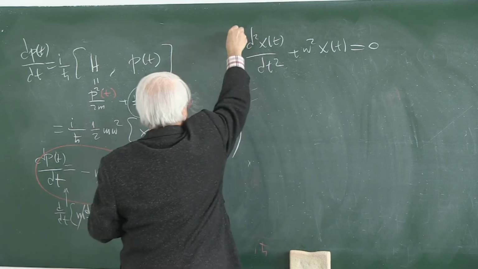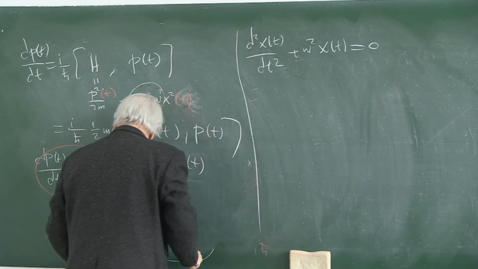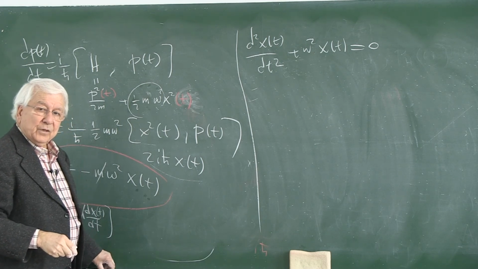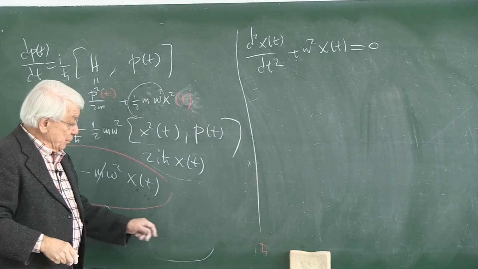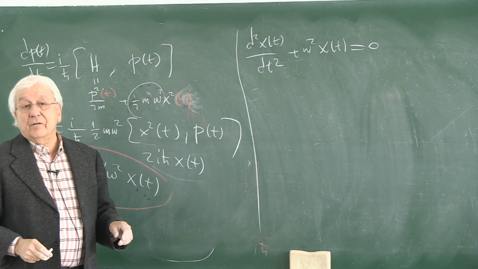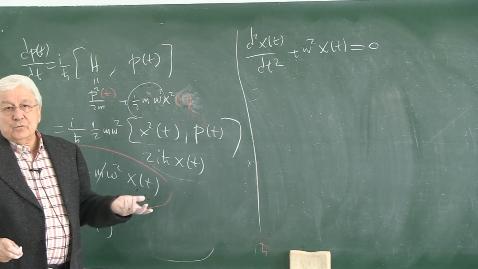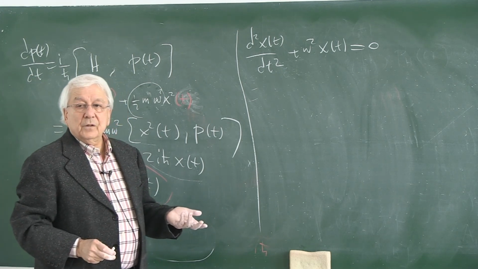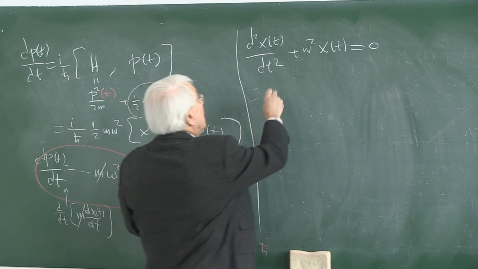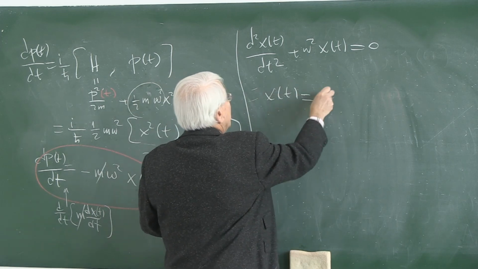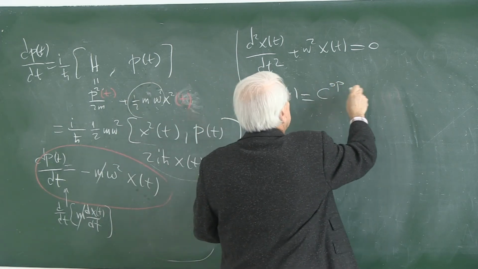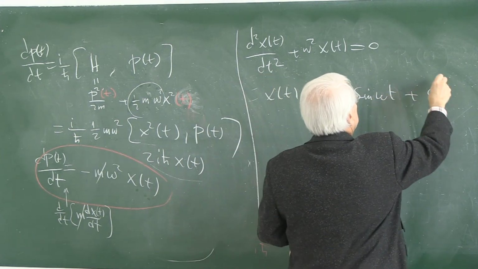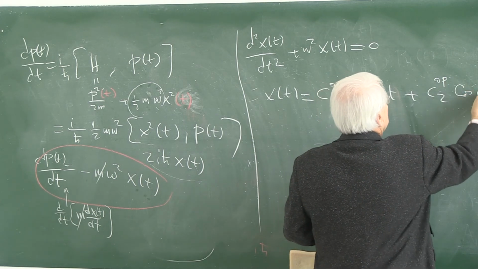You say, oh yes, of course. This is the equation I am familiar with from classical mechanics. That's the equation I get for the x dynamical variable. It's the same equation for the operator, however. How do I solve this? I solve it by the same reasoning. x of t will be an operator C1 times sine omega t plus operator C2 times cosine omega t.